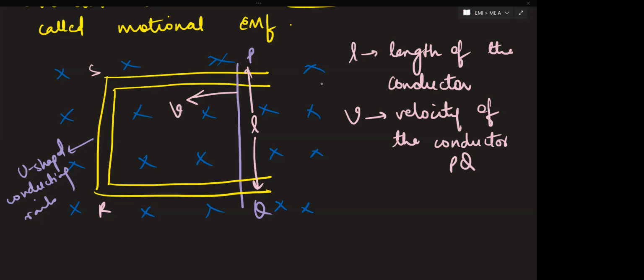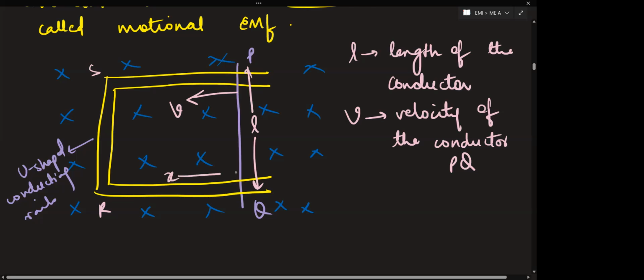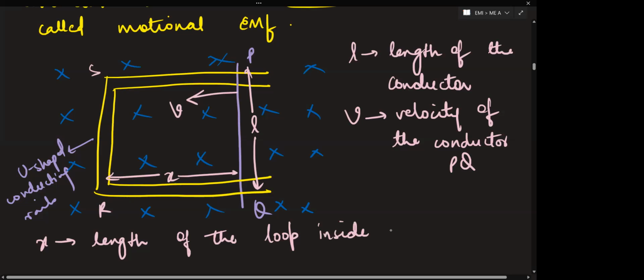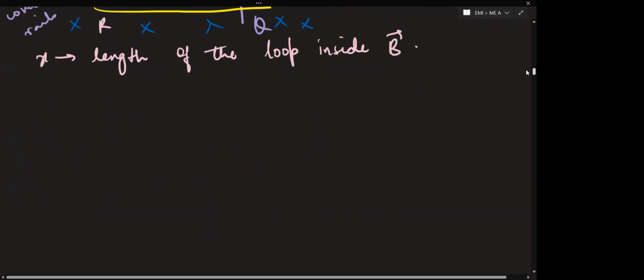Now, suppose X is the length of the loop inside the magnetic field. Initially in the class, Hamza answered that flux was BA, magnetic field into area.